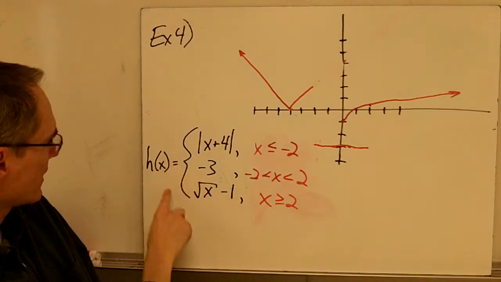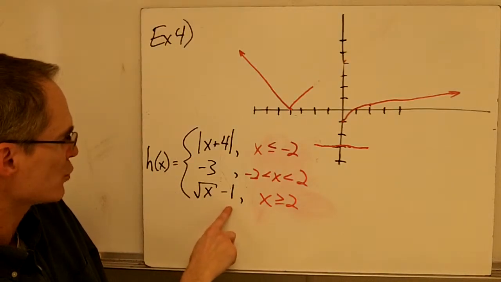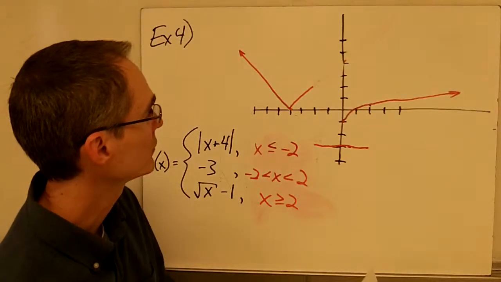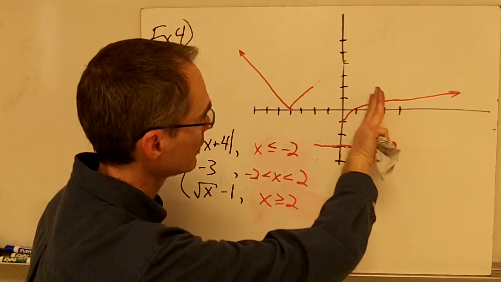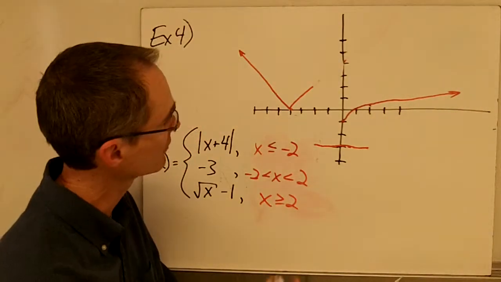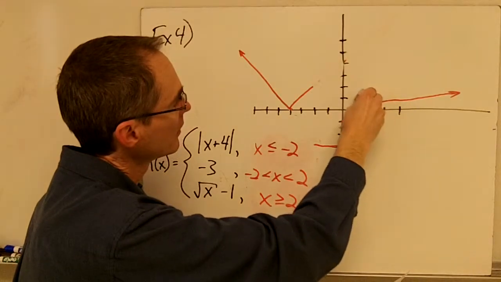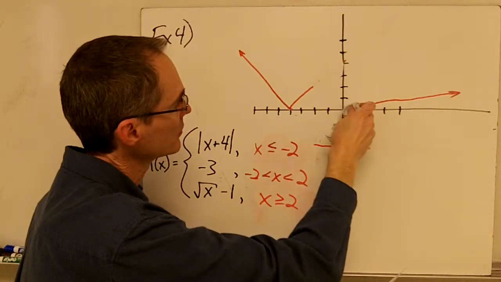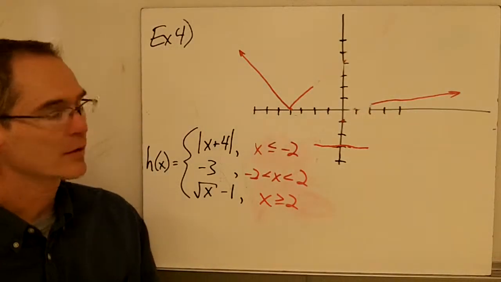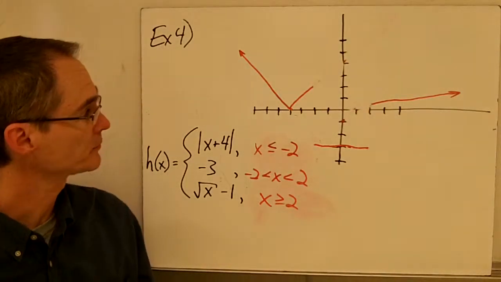And then finally I've got h of x equals square root of x minus 1, and that's when x is greater than or equal to 2. So it's going to be this part, but only when x is greater than or equal to 2. So that's from here over. So I'm going to erase everything where x is less than 2 right here. And now here are the 3 pieces of my function.